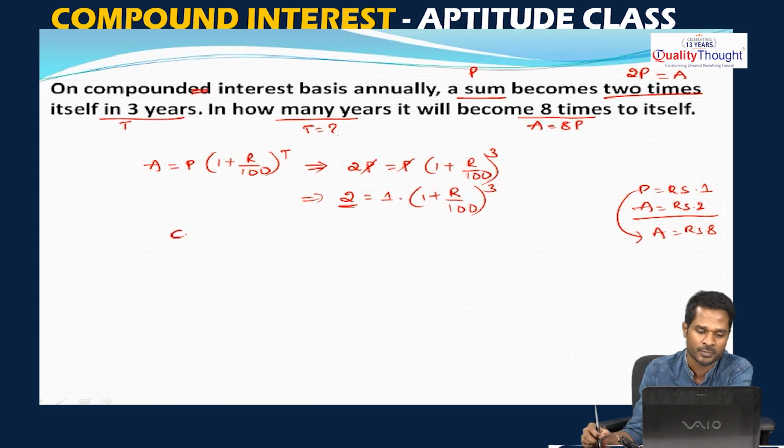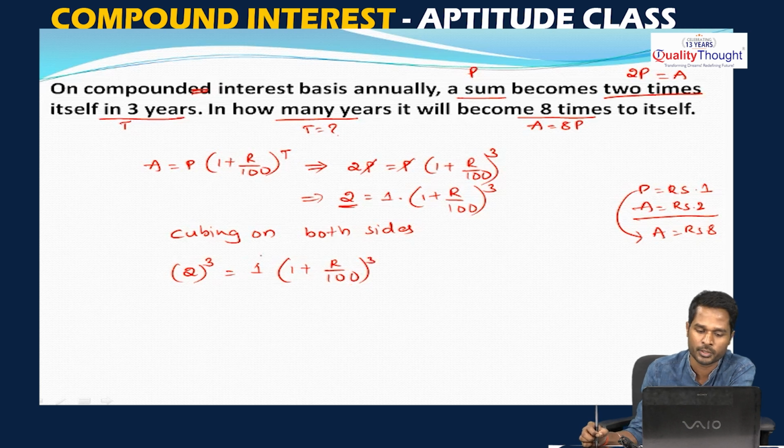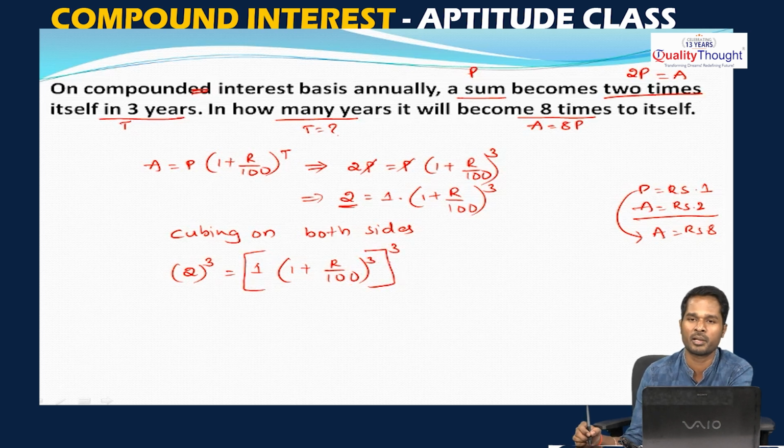Cubing on both sides to make this 2 as 8, so 2 cube is equal to 1 into 1 plus R by 100 whole power 3. I need to cube on both sides, so this complete thing I will also cube.